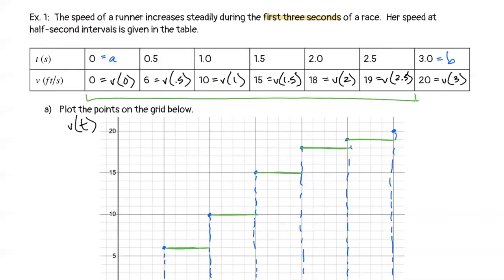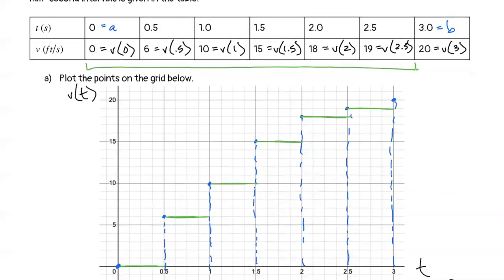So instead of saying 0, 6, 10, 15, 18, 19, I could say v of 0, v of 0.5, v of 1, v of 1.5, v of 2, v of 2.5.